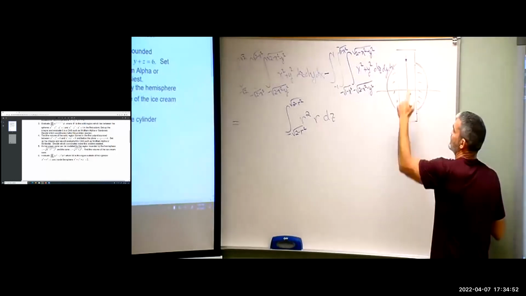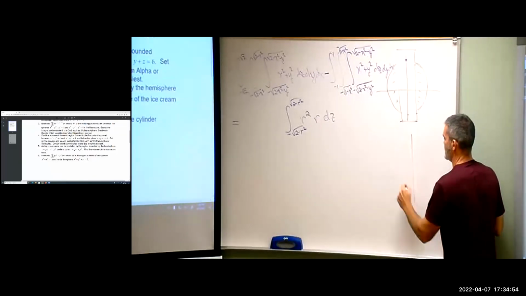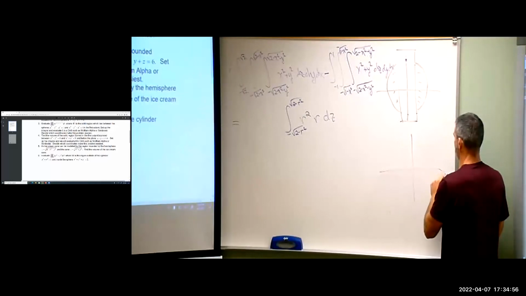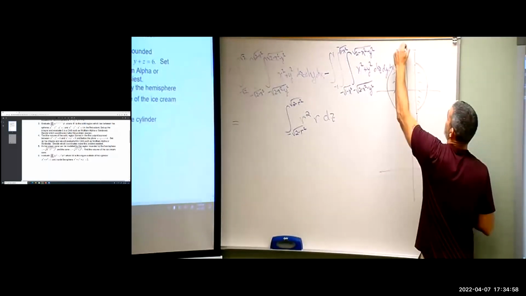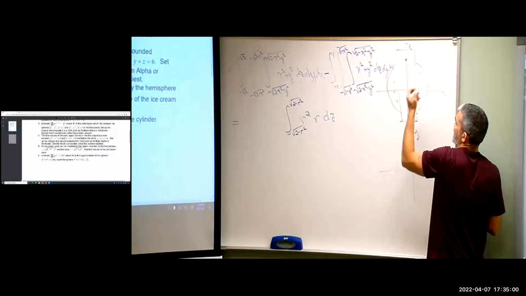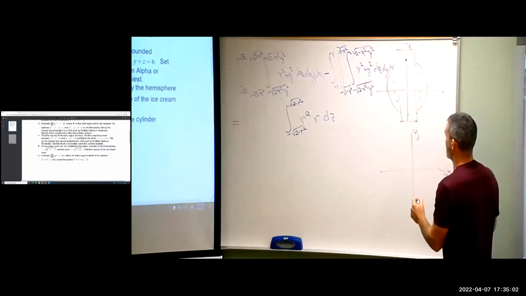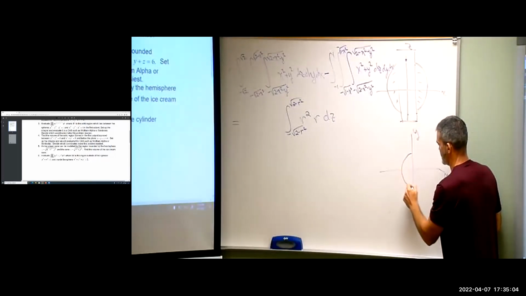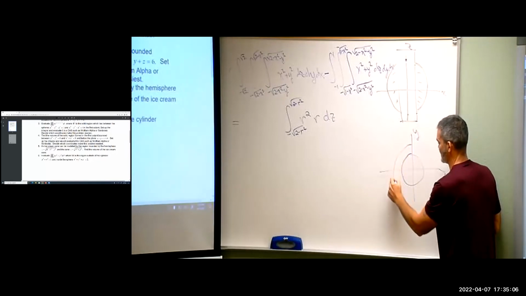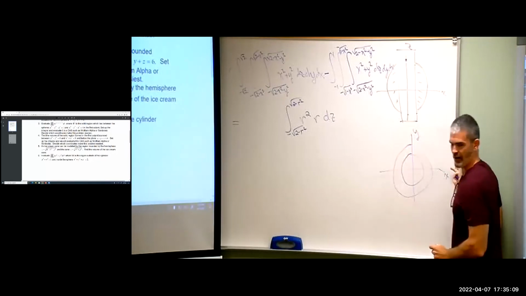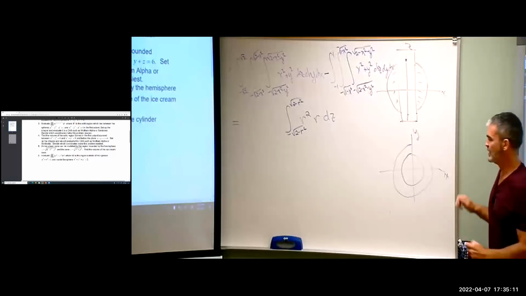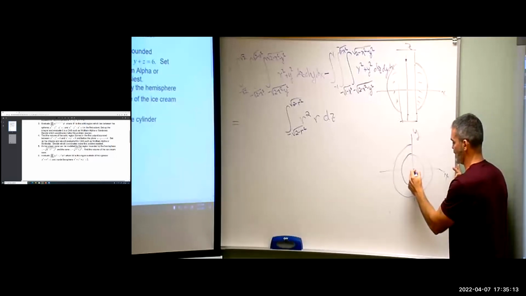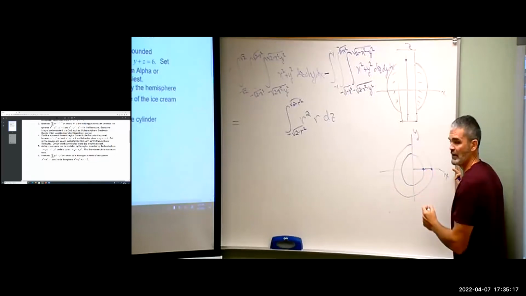Now, let's look straight down into the XY plane. So here's X, here's Y. Remember, this was looking at Z, and this could have been X or Y. Now we're looking straight down. We have a circle and a circle, like a washer type looking thing. And so now r needs to go from the little circle out to the big circle.